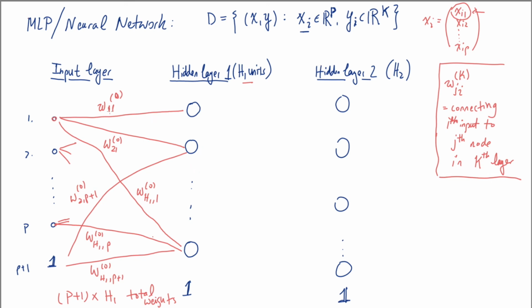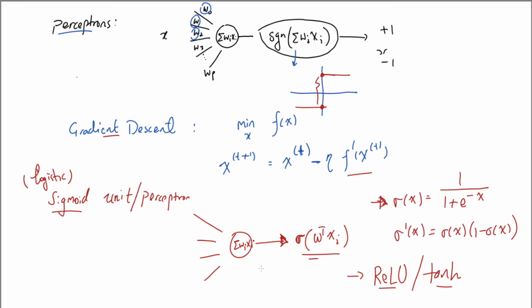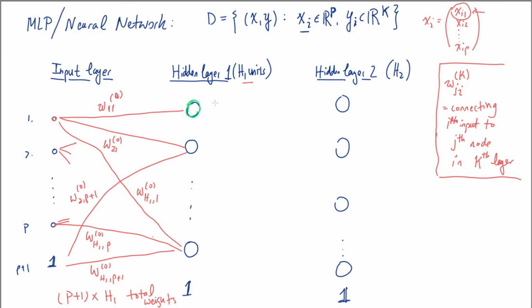All right, so we haven't finished describing what the neural network does yet. We've just described what happens in the first layer. The next thing to do is to try to describe what happens once it gets to this node. So you can think of this guy exactly the same way we thought about the sigmoid unit. This first unit is receiving a bunch of inputs.